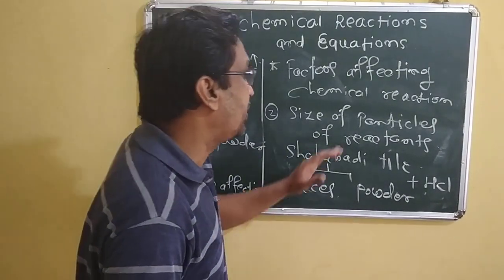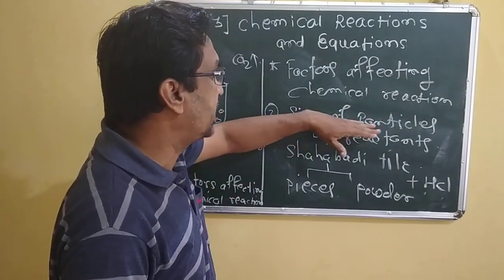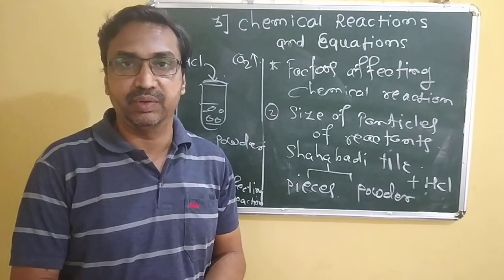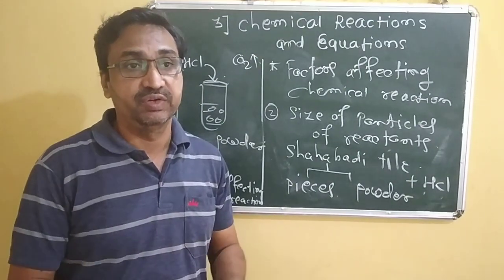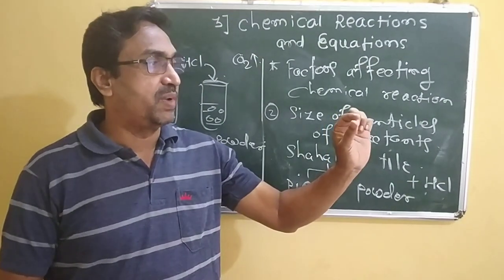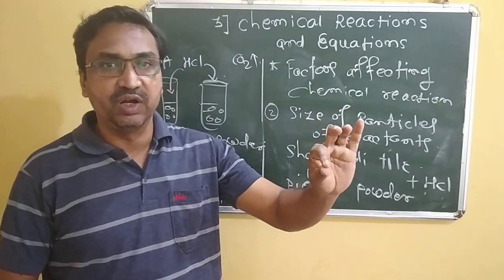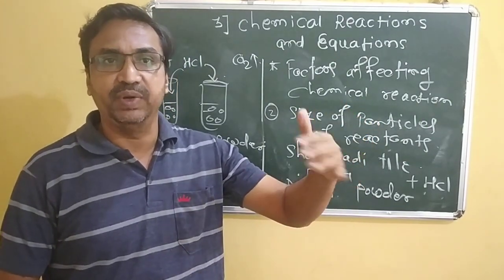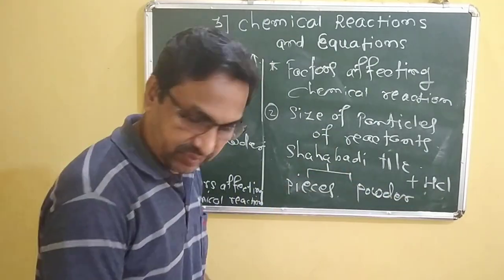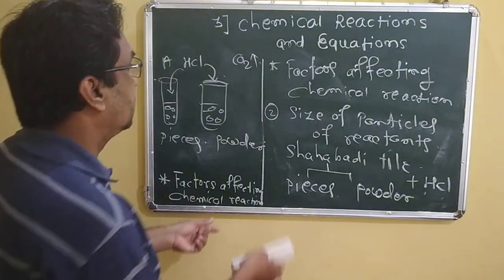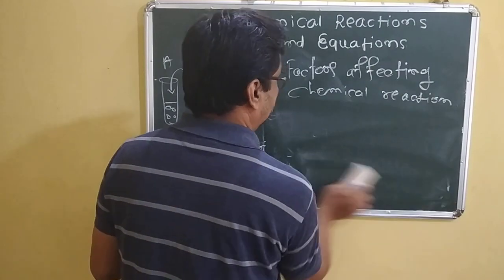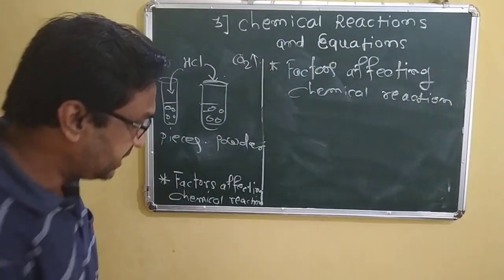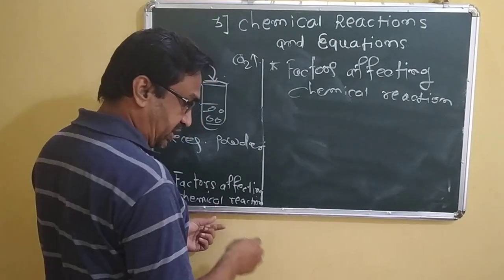So the size of particles of a reactant is one of the parameters which can make reactions proceed faster. Small particles in powdered form can carry out reaction more rapidly. Okay, the third factor is concentration of a reactant.